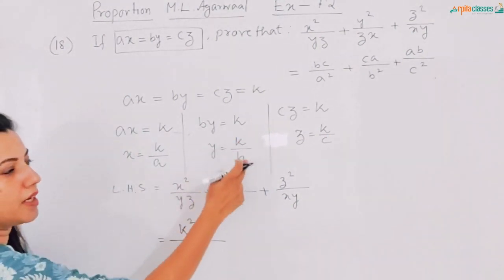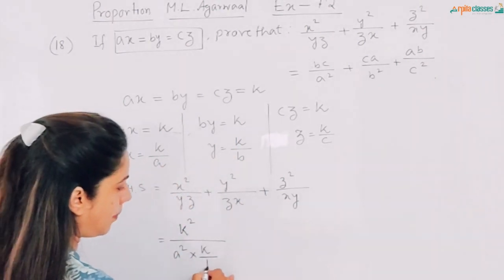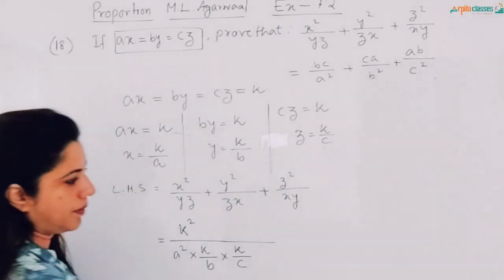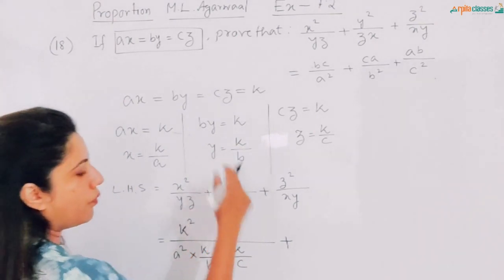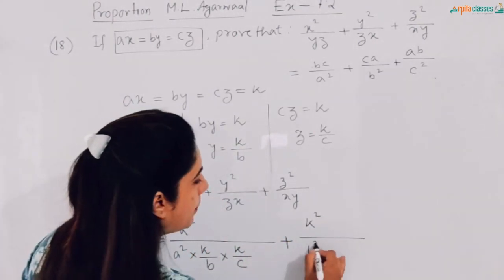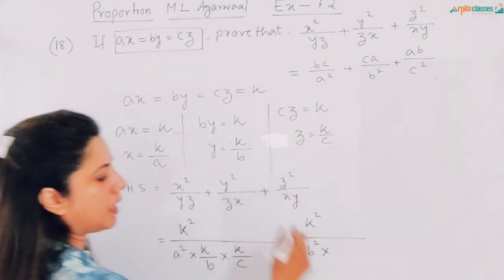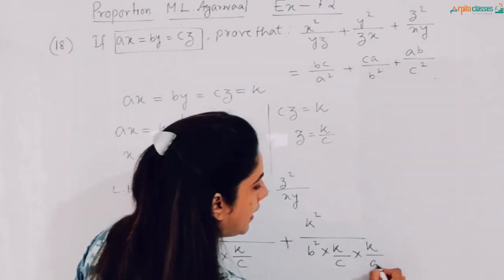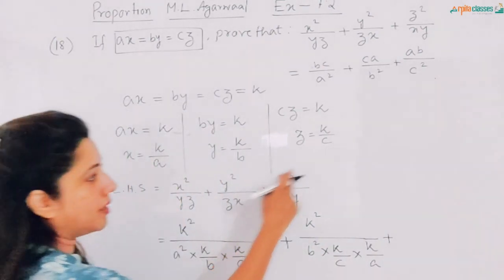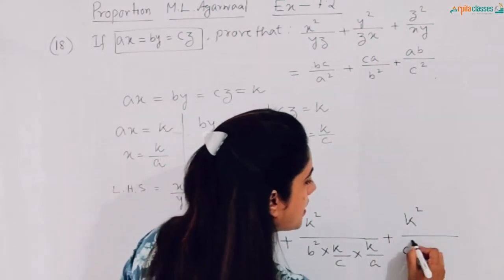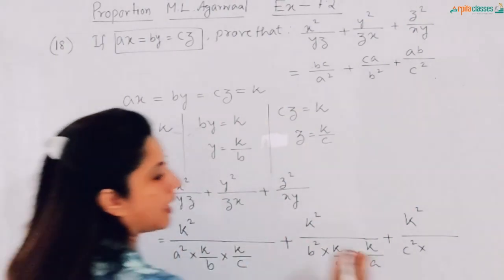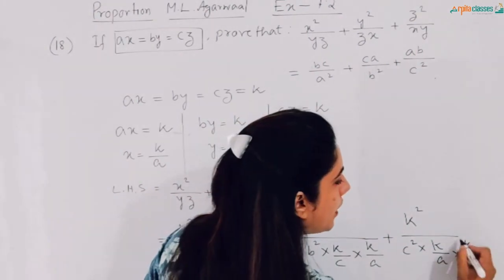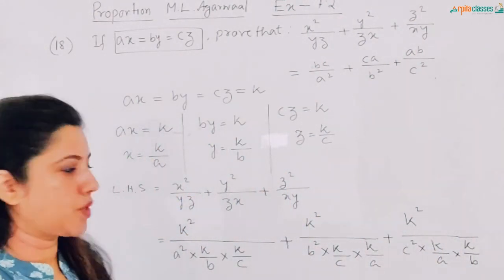In place of y, we are going to write k upon b, into in place of z we are going to write k upon c, plus y square would be k square upon b square, z would be k upon c, into x is k upon a, plus z square, that's k square upon c square, x is k upon a into y is k upon b. So we just substituted the values of x, y, z.